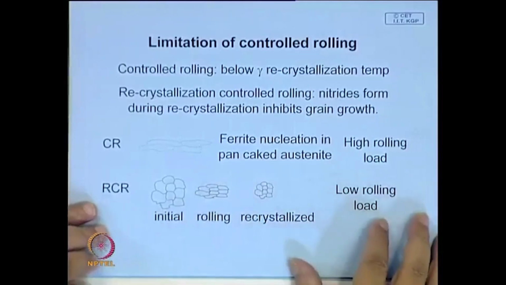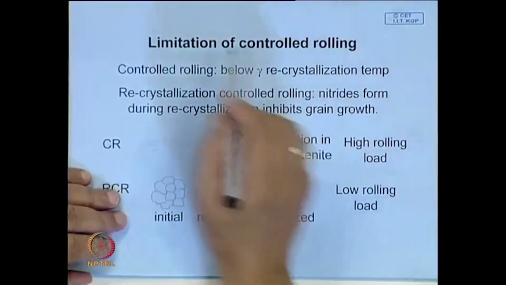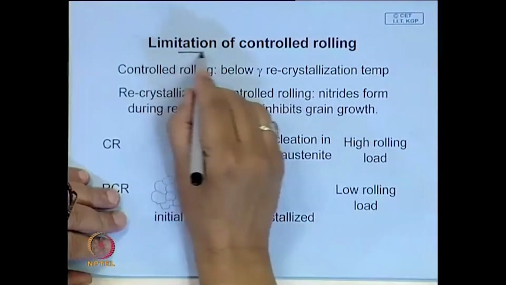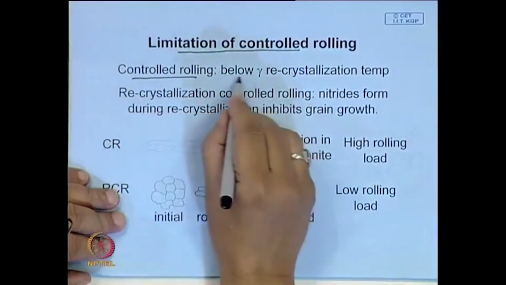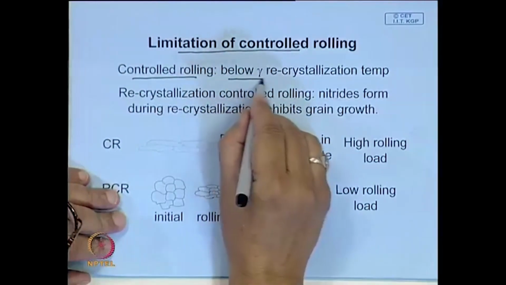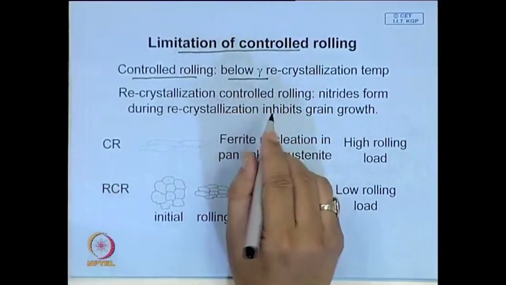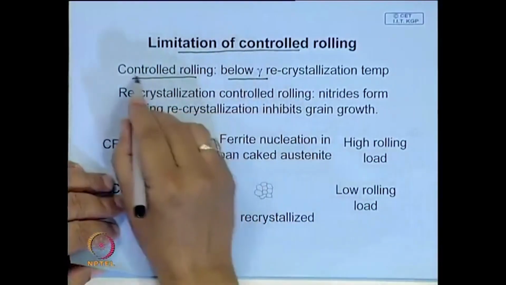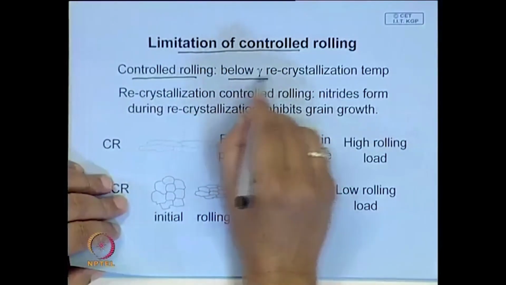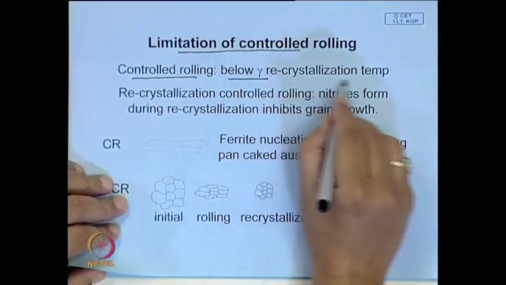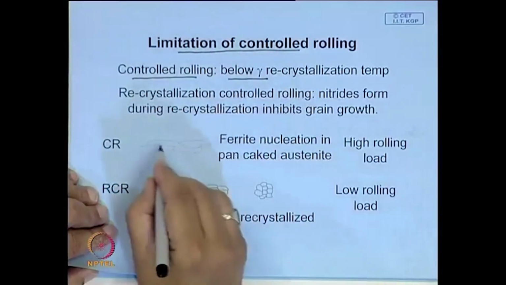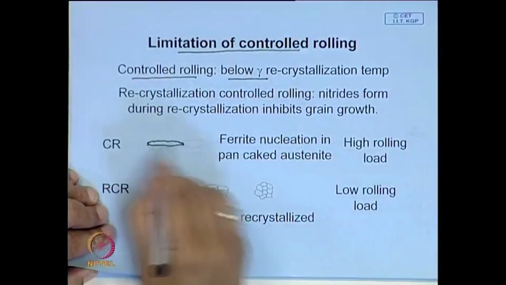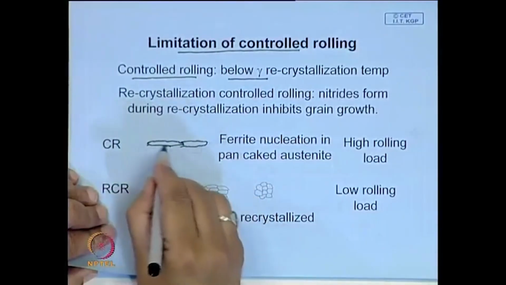But there is a major limitation of this controlled rolling process. Now, one is the controlled rolling. If you roll at a relatively low temperature, that means in controlled rolling you roll below the austenite recrystallization temperature. Do not allow the recrystallization to take place, so that you have this kind of a pancake type of structure.